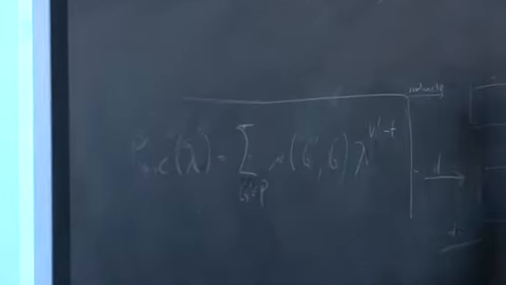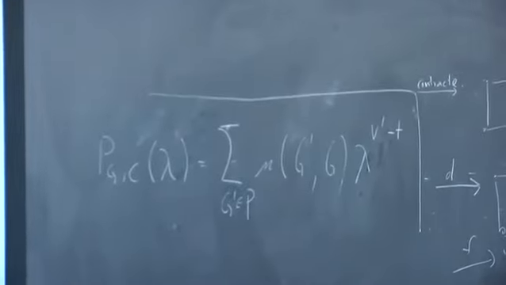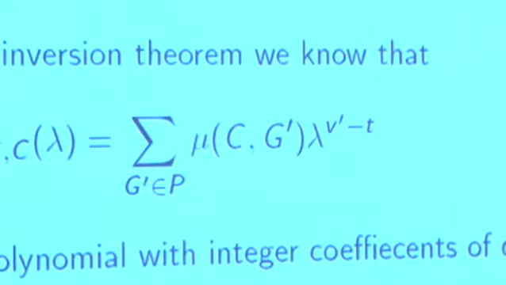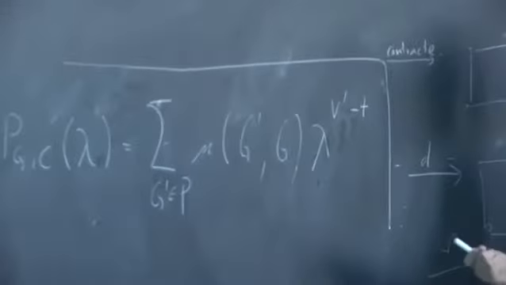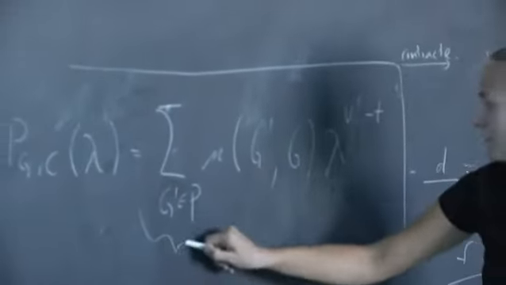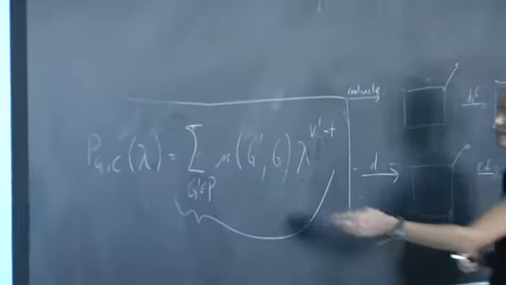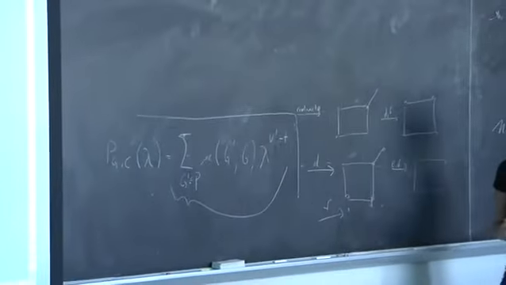And that typo confused me for a really long time. And so we get that the number of ways to complete a proper subcoloring with lambda colors is just this polynomial, where this is the Mobius function associated to our poset.